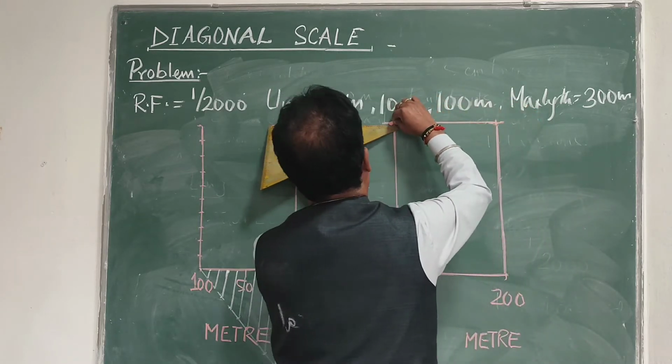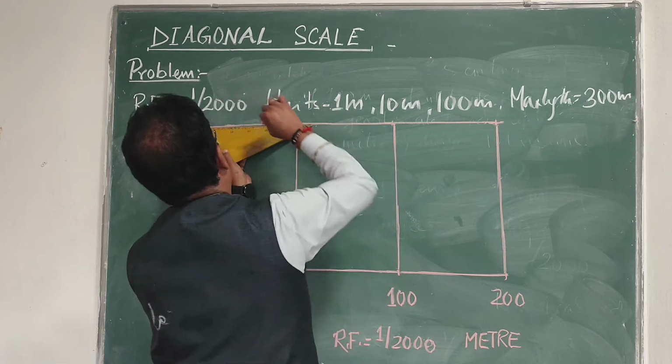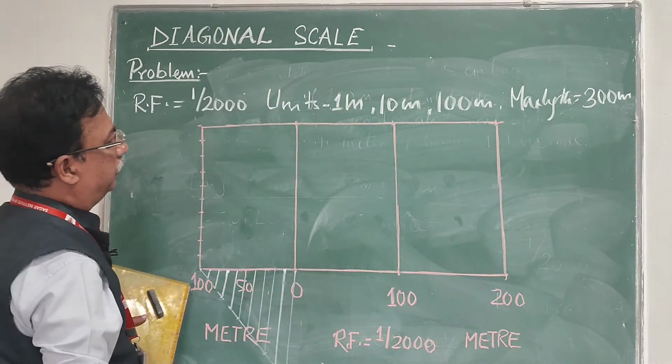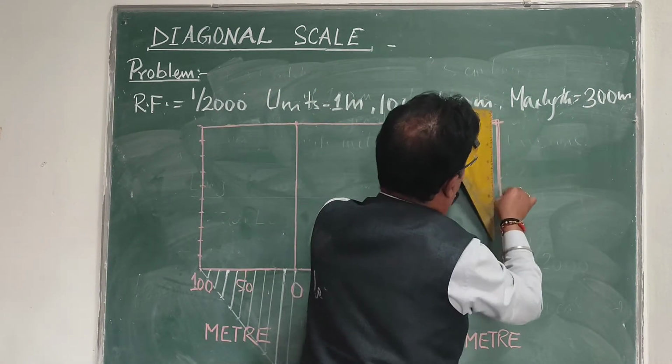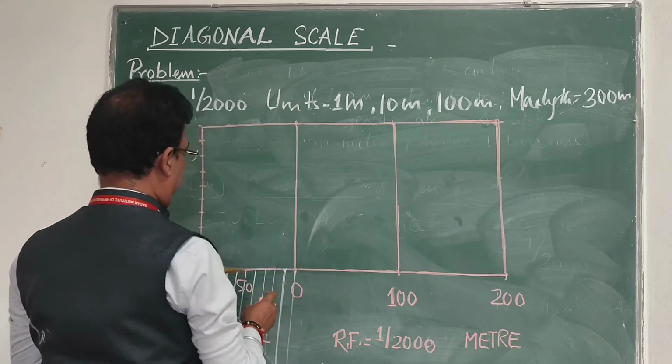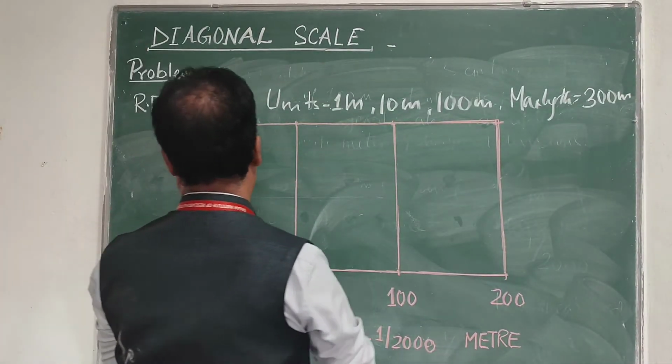And complete this rectangle. After this, from all these lines, draw parallel lines. From all these points, draw parallel lines.